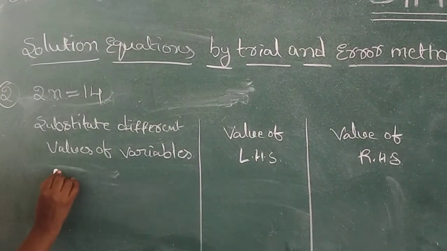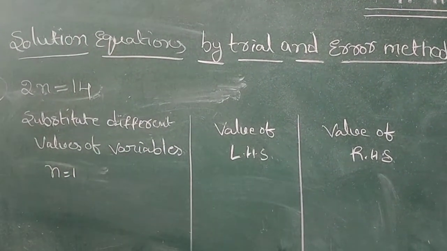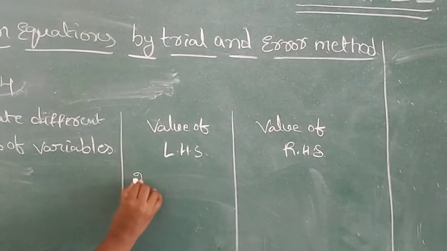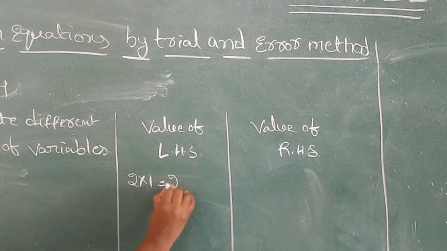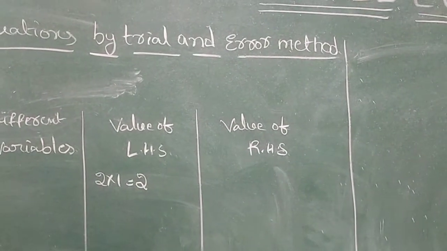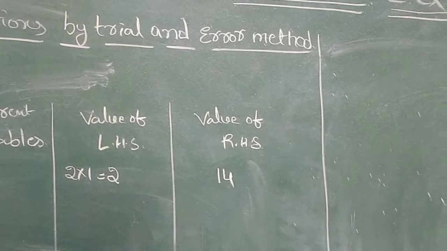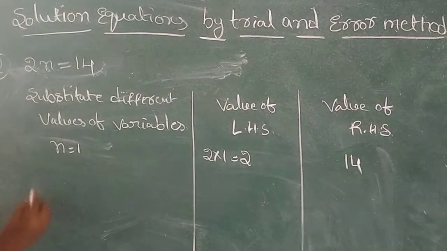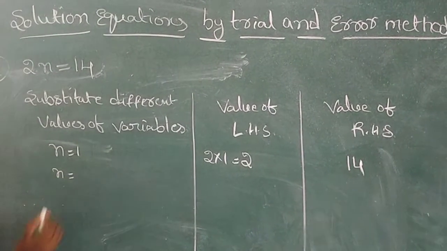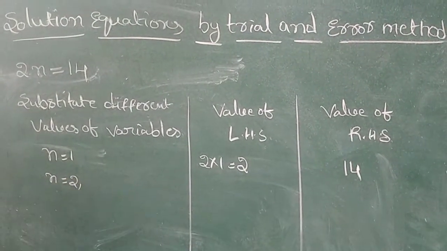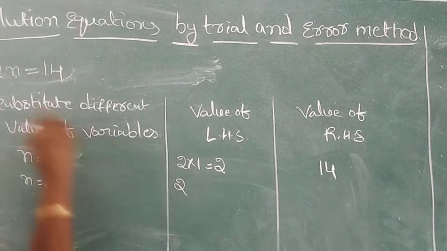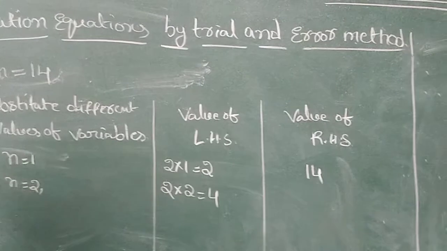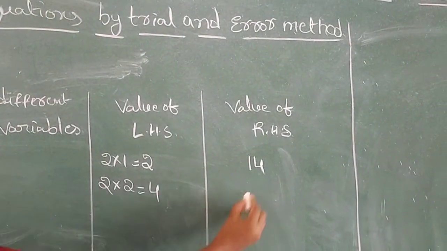Suppose n is equal to 1, LHS 2 into 1, that is 2, RHS 14. Next, n is taken as 2, 2 into 2, that is 4, RHS 14.